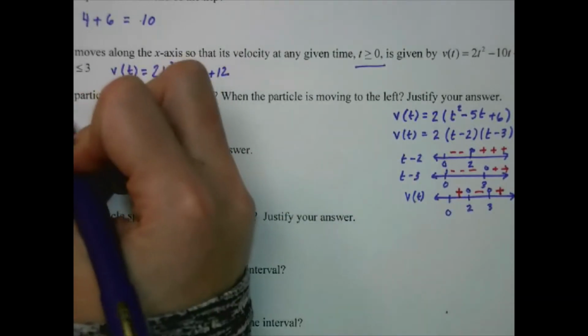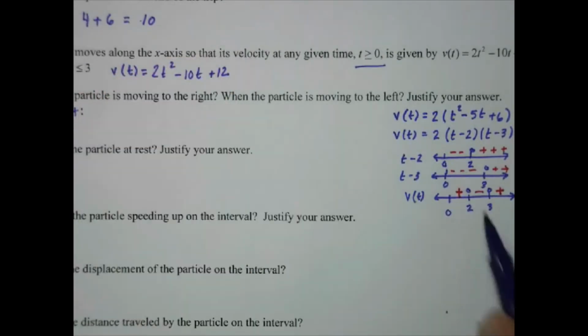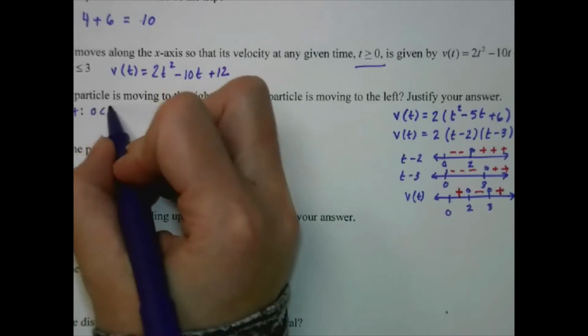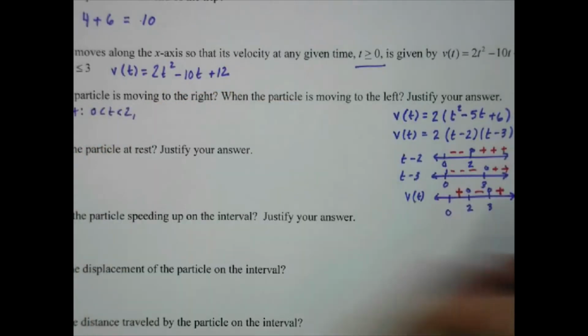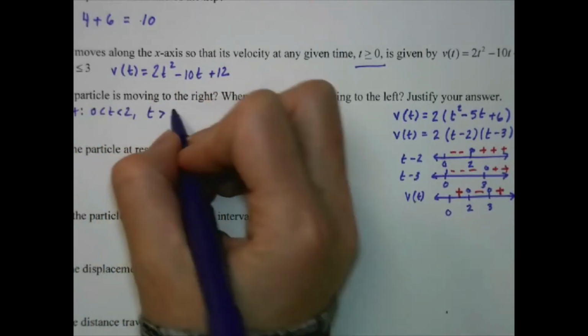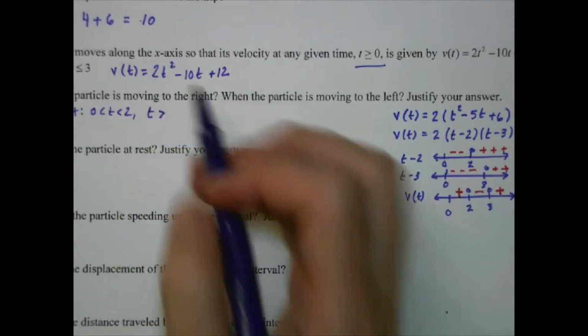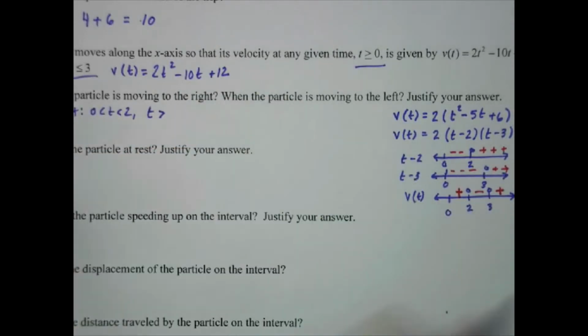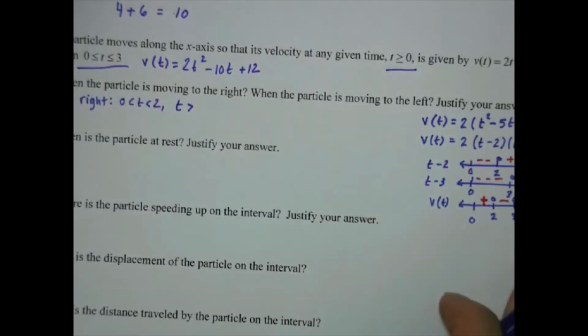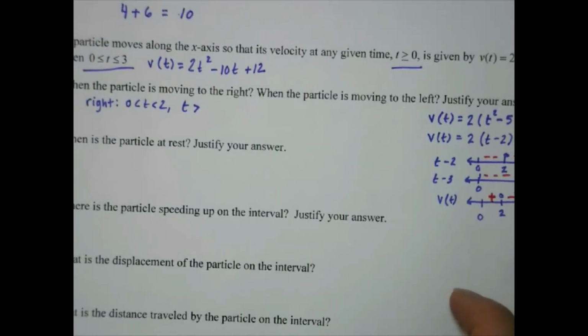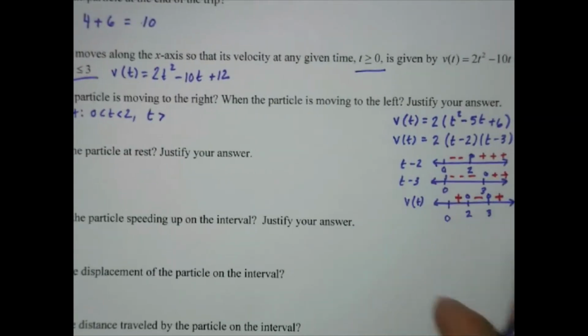So it's moving to the right from 0 to 2, and then when t is greater than 3, but we have this condition here, that it's when between 0 and 3.